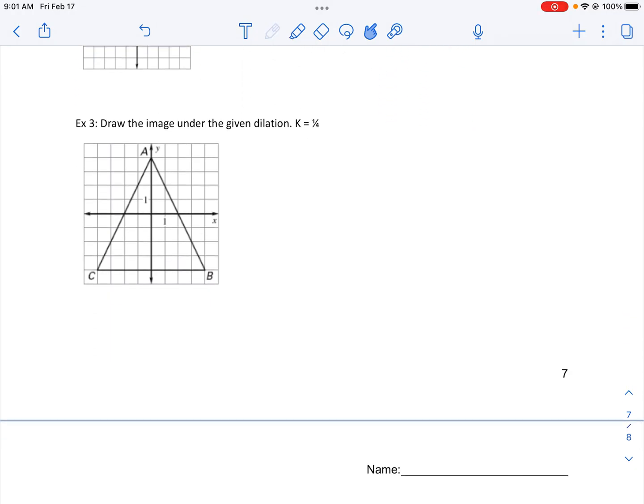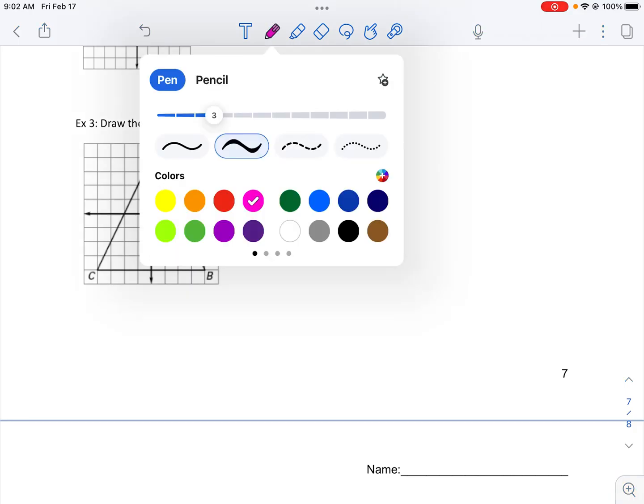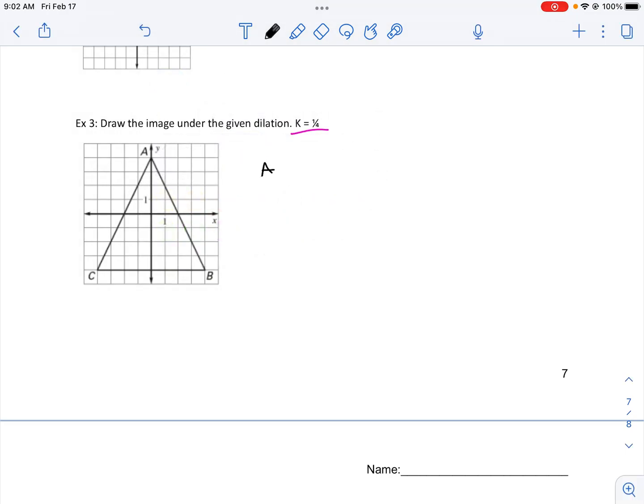Example 3, we're going to have a reduction because our scale factor is less than 1. So, once again, determining your A, B, and C values. A is at 0, 4. B is over here at 4, negative 4. And C is at negative 4, negative 4.